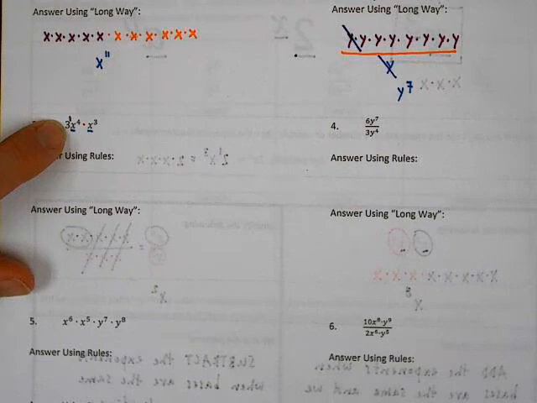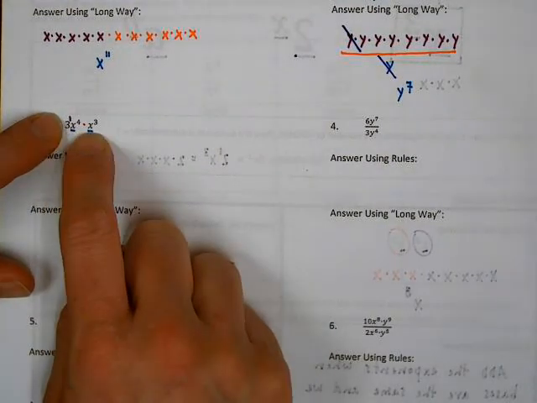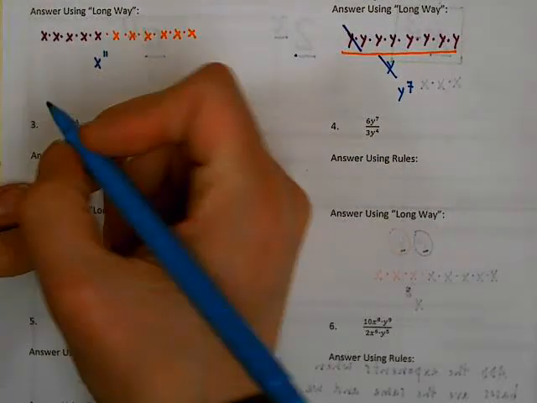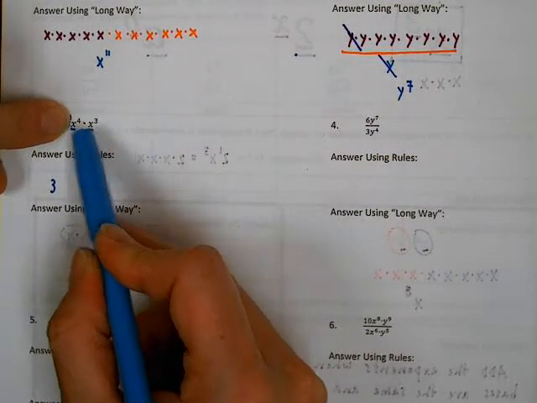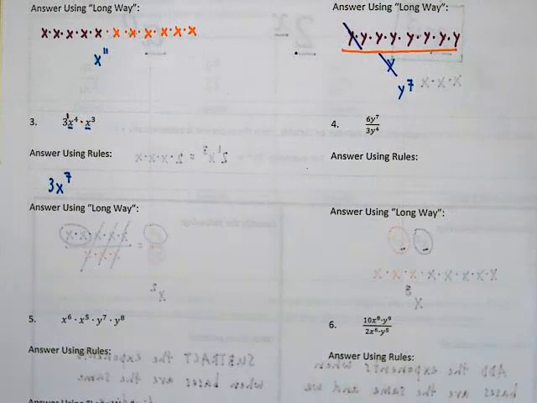So now this 3 has to stay by itself because it doesn't have the same base as these two, so I can't add all 3 exponents. So my 3 is just going to stand by itself. Now when it comes to dealing with the x's, since they have the same base and we're multiplying, we're going to add those exponents. So we get 3 times x to the 7th power.